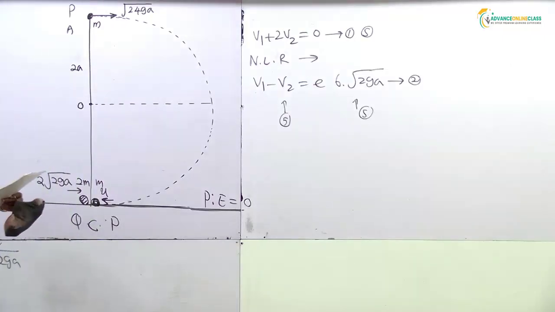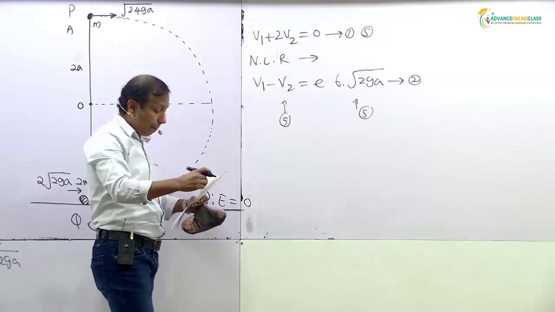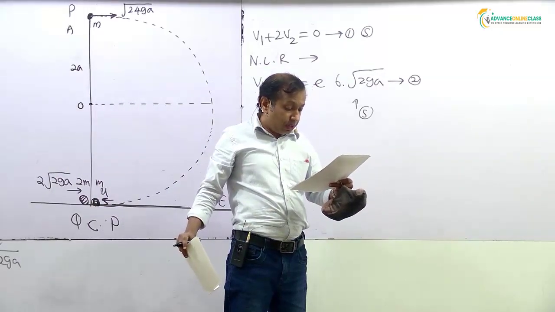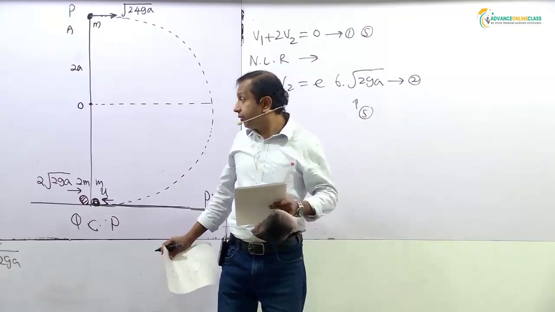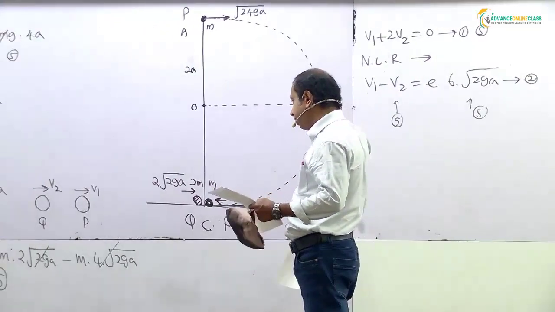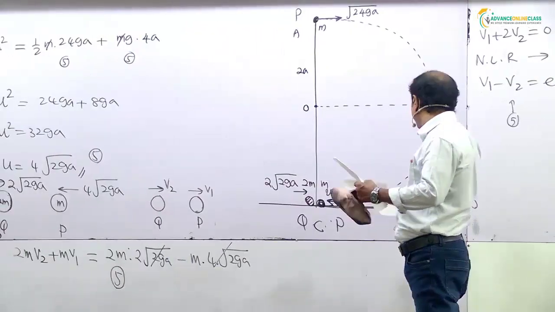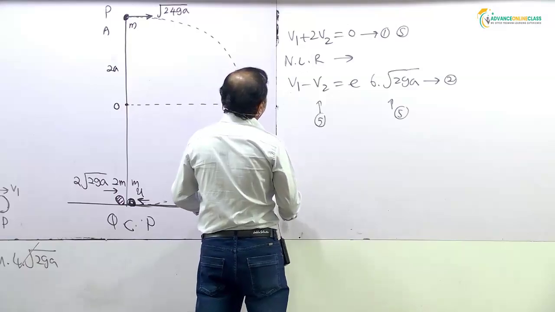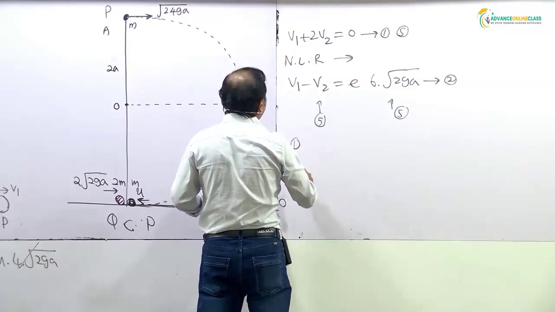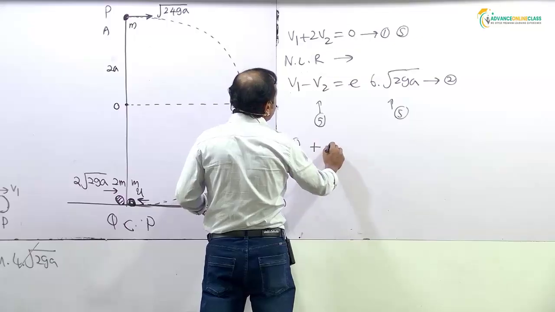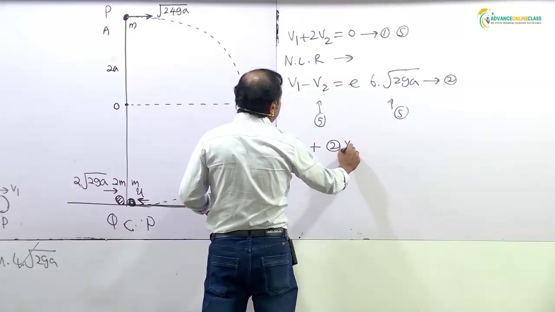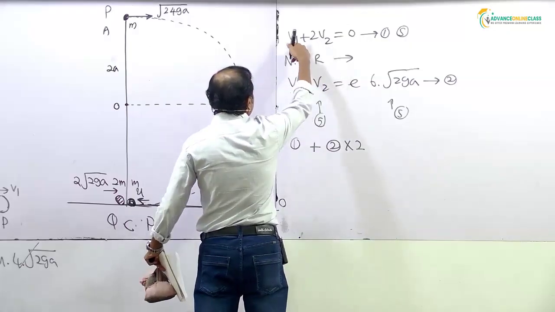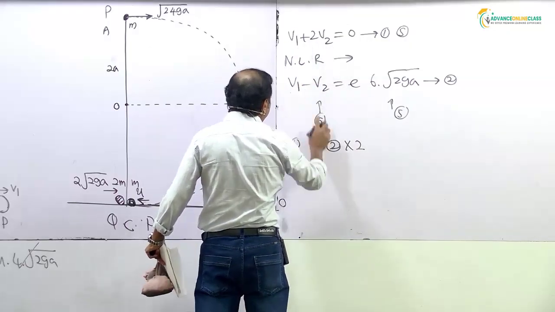Then we can find v1. What is asked in there? Show that the velocity of p soon after impact is v1. We need to find v1. Yes, v1 we can write: 1 is added to the second one, multiplied by 2.